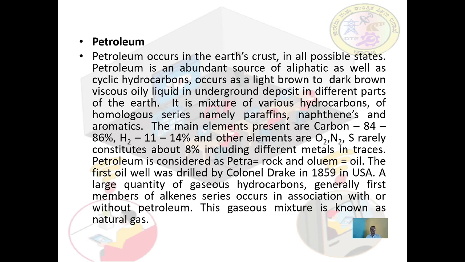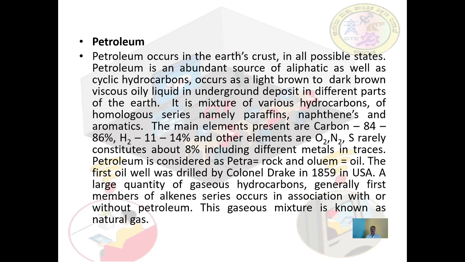It also contains cyclic hydrocarbons and it occurs as a light brown to dark brown viscous oily liquid in underground deposits in various parts of the earth. It is a mixture of various hydrocarbons of homologous series, namely paraffins, naphthenes, and aromatics.